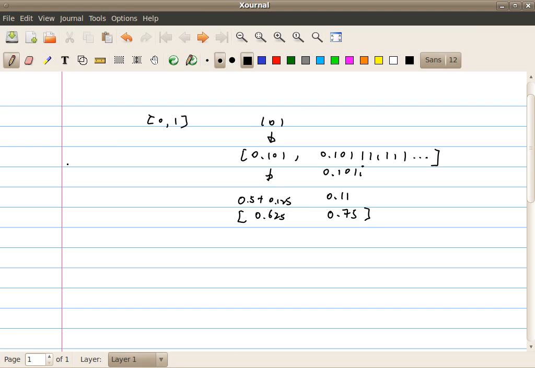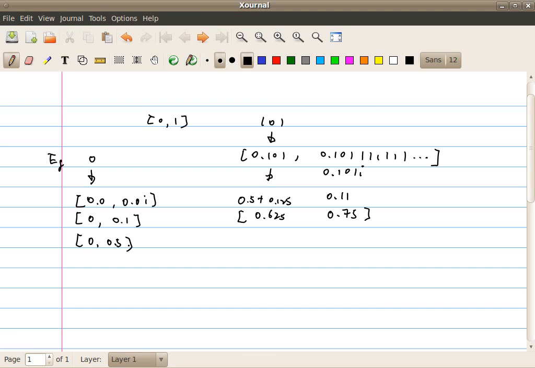Let's look at a couple more examples. For code 0, that will be simply mapped to the interval 0.0 to 0.1 in binary, and in decimal that will be 0 to 0.5.